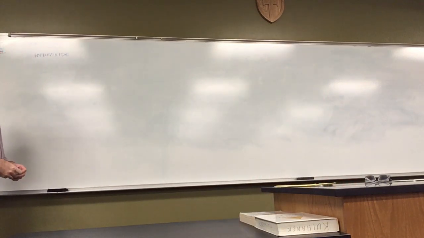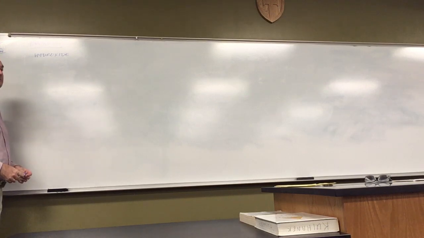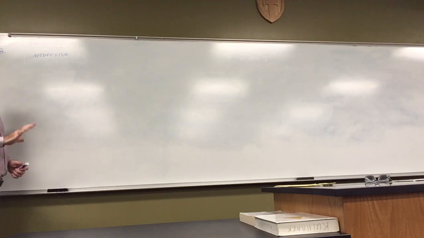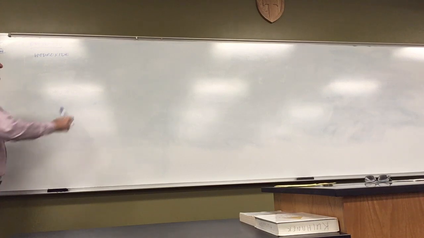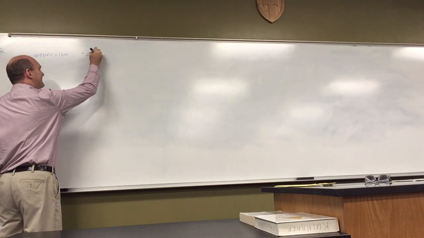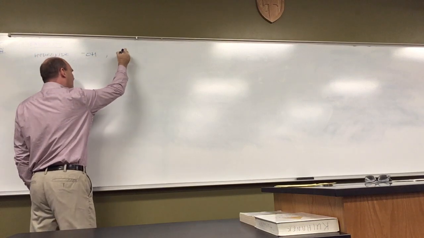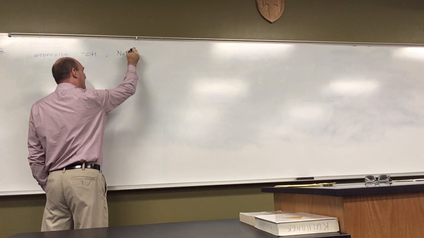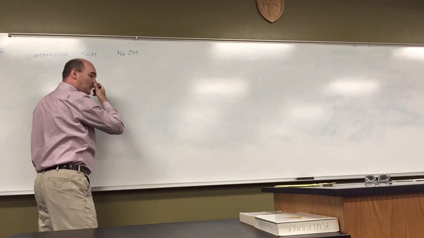All of our bases are going to contain a metal. It's going to come from the other side of the periodic table, which makes complete sense. If the acids come from the right-hand side of the periodic table, then the bases should come from the left-hand side. And so we're going to see things like sodium hydroxide.